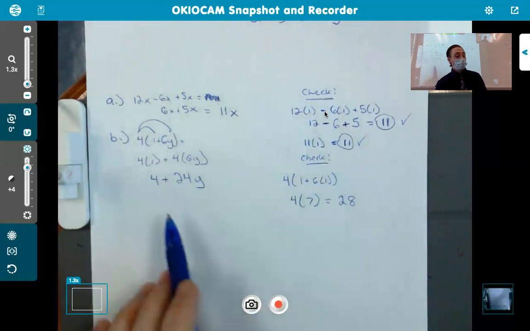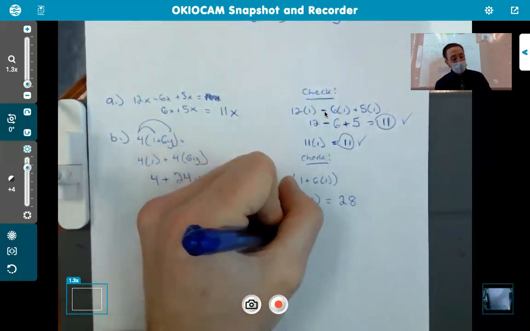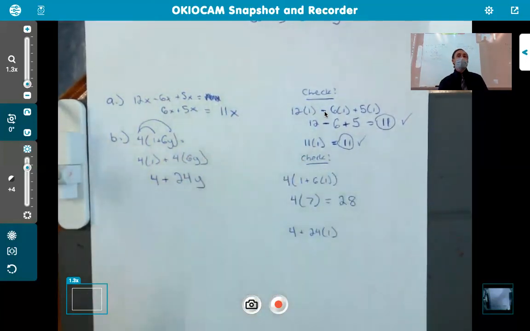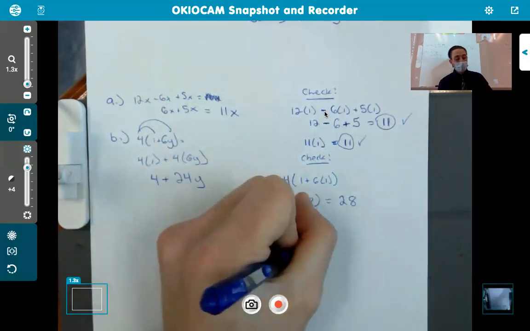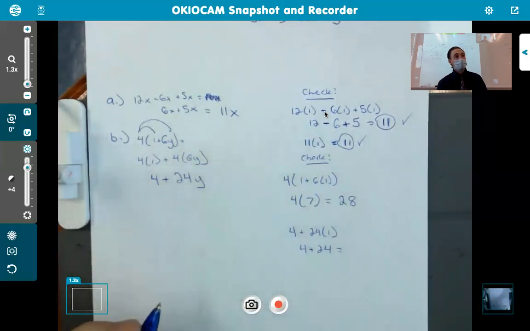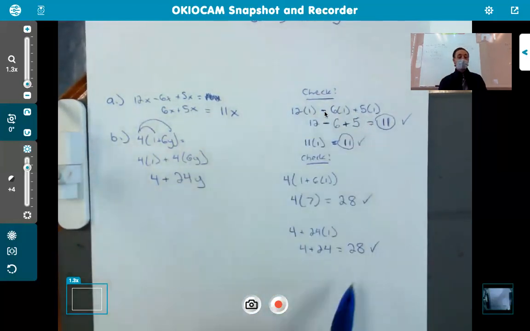So I should get 28 when I plug 1 into this final expression too. Notice that if I do 4 plus 24 times 1. Well, what's 24 times 1? 24. And what's 4 plus 24? 28. So I got the same value in return. This means that they are in fact equivalent.